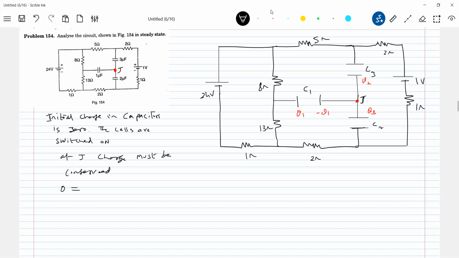Initially 0. Finally, how much should it be? Minus Q1 plus Q2 plus Q3. Therefore, Q1 equals Q2 plus Q3. So one equation I got. So what we have to do is try for two more equations.